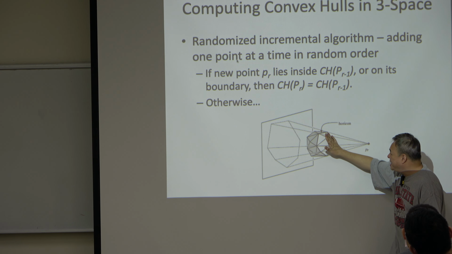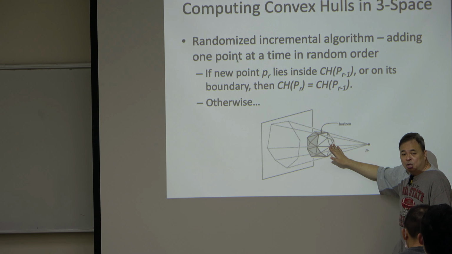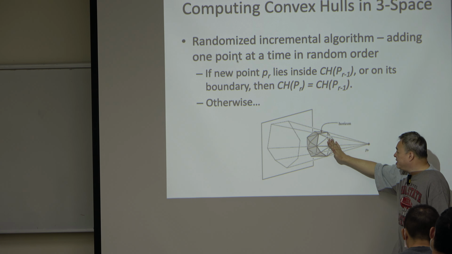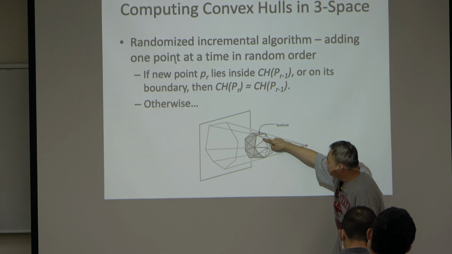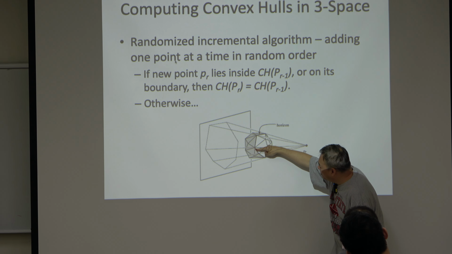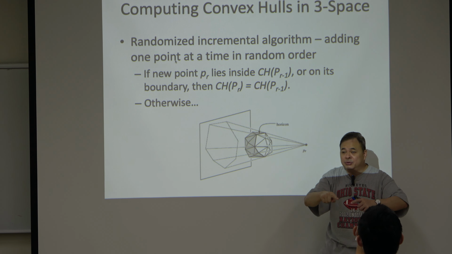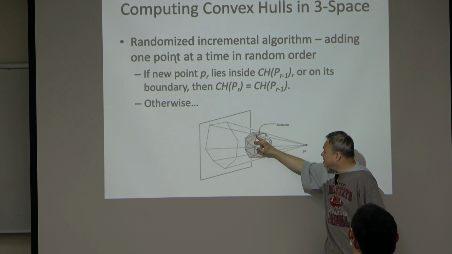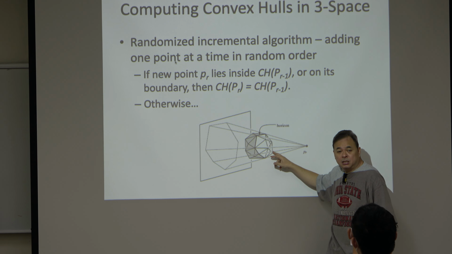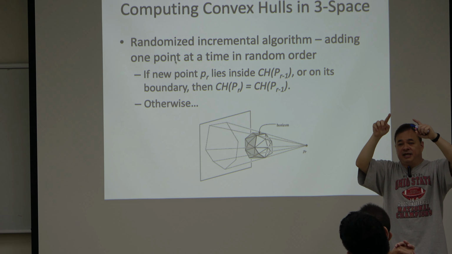The faces that you can see will no longer be included after you insert PR. And you are going to see a boundary, a two-dimensional boundary. I'm not talking about three-dimensional. We call that the horizon, just like the boundary.